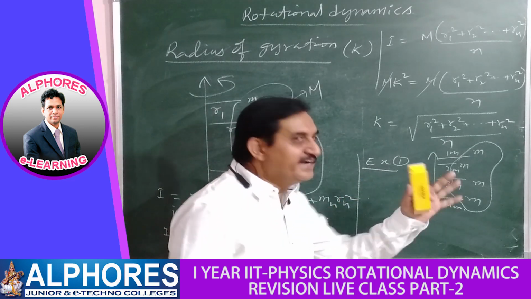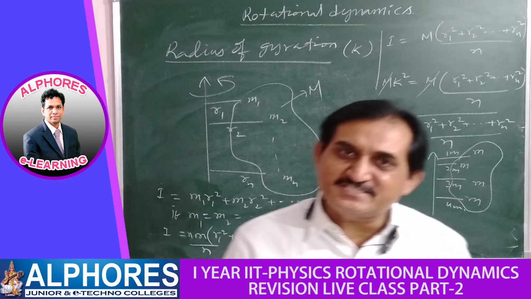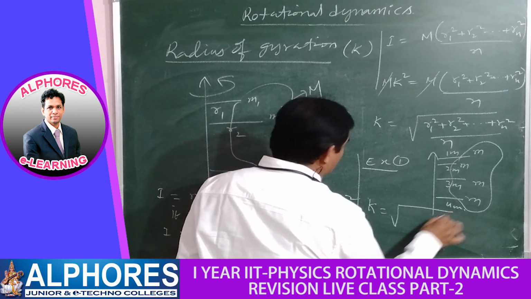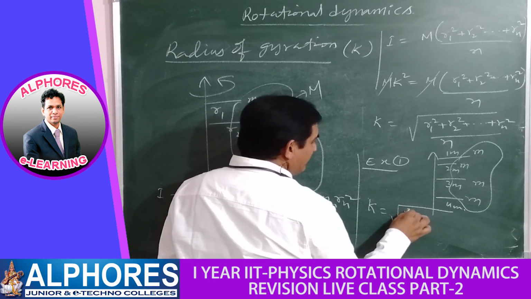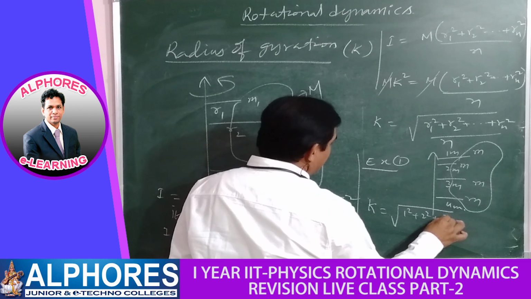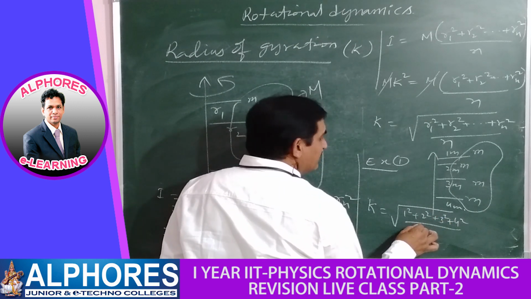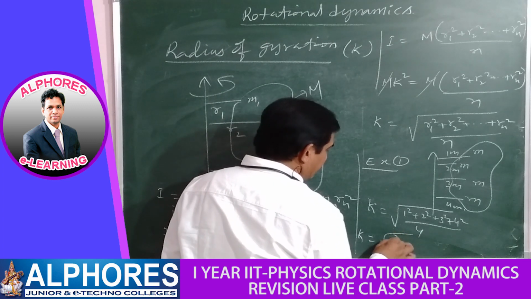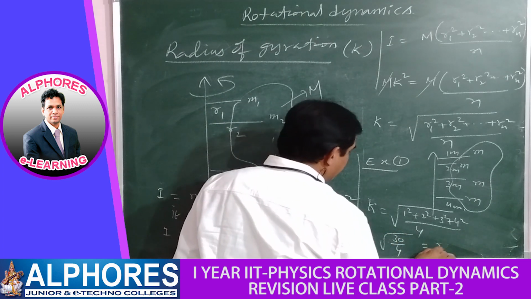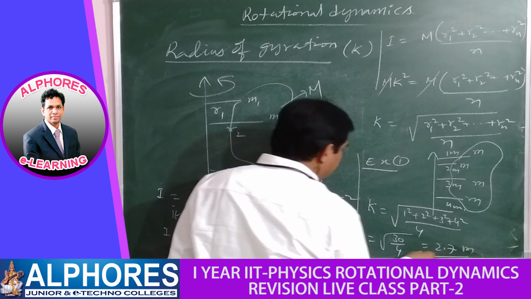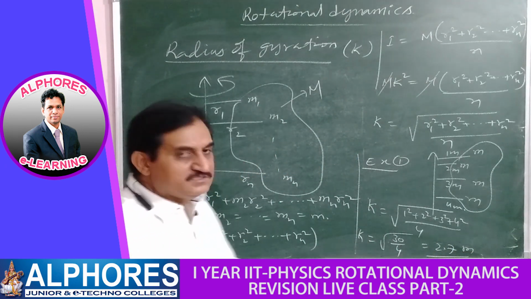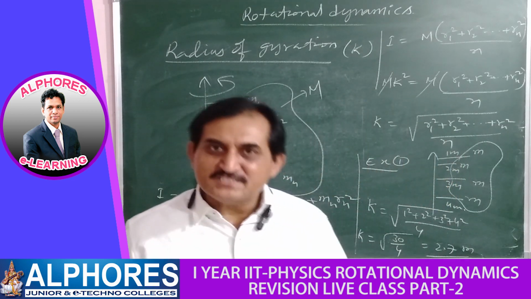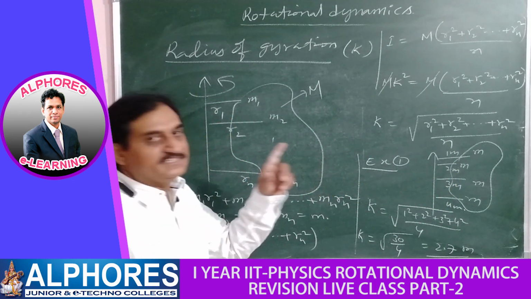Then its radius of gyration as a whole for the system can be found: k is equal to root over 1 square plus 2 square plus 3 square plus 4 square by 4, which gives us root over 30 by 4, which gives 2.7 meters. So this is the way to find the radius of gyration if it is a system of particles having identical masses.